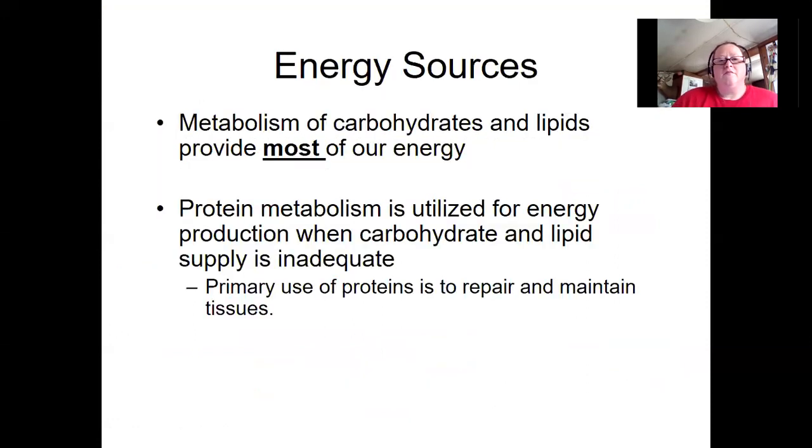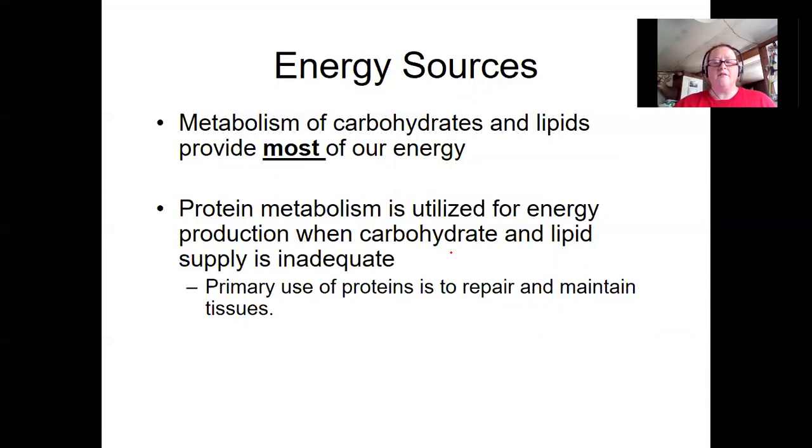So, as I mentioned before, carbohydrates are the primary source of energy in our diet, and secondly, we will get energy from lipids. Protein metabolism, which we haven't really talked about yet, but metabolism is the sum of all chemical reactions in the body, is only used for energy production if carbohydrate and lipid supply is not adequate.